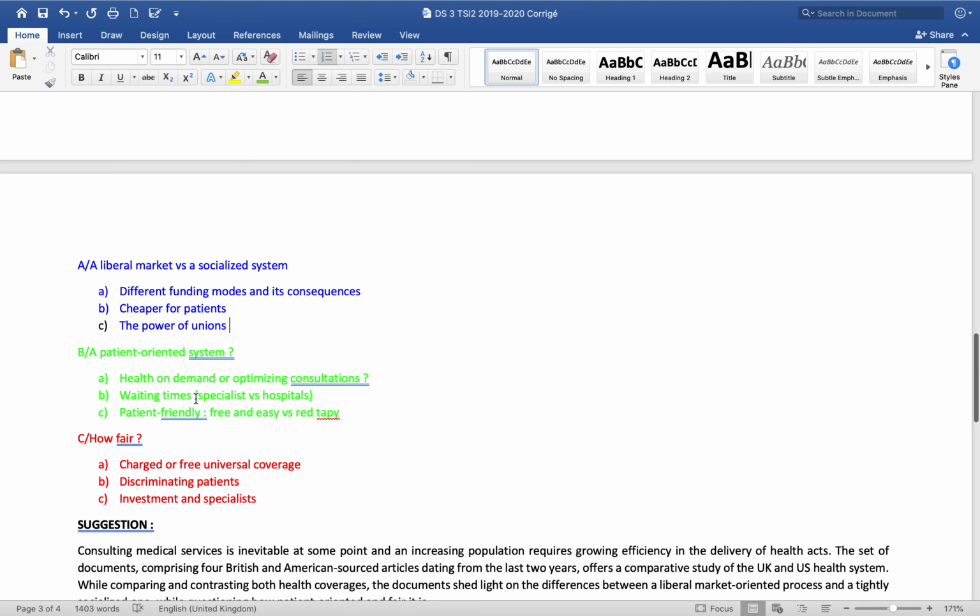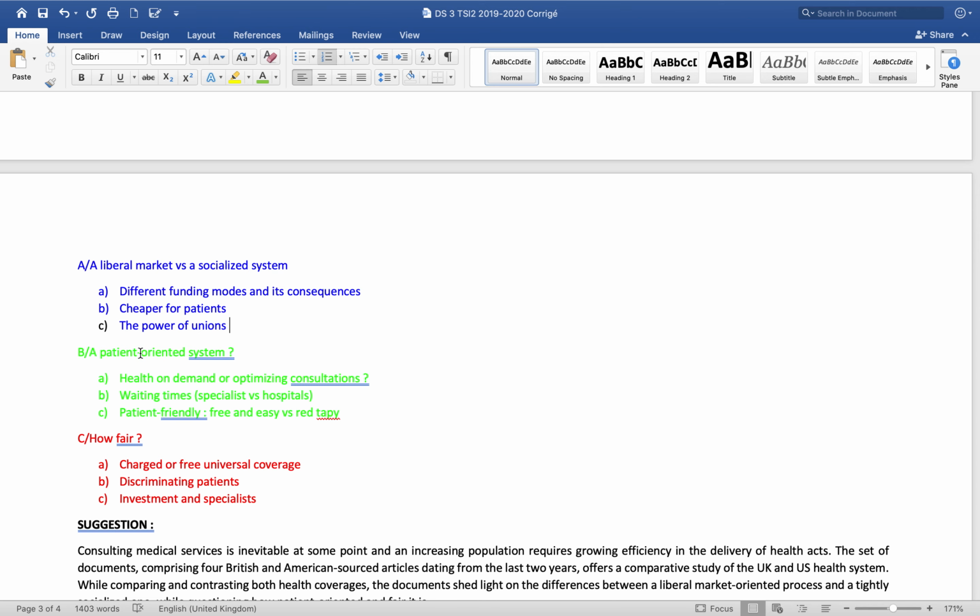The next one is, because I'm comparing, and I think your plan should be a comparative plan. So you're comparing the system, then you're comparing how patient-oriented that is, how helpful that is to patients. So let's compare again. And at the end, how fair are the two systems, and you're comparing. So in each part, A, B, C, you compare the two systems, but at different levels. So here we compare simply the systems, how they work.